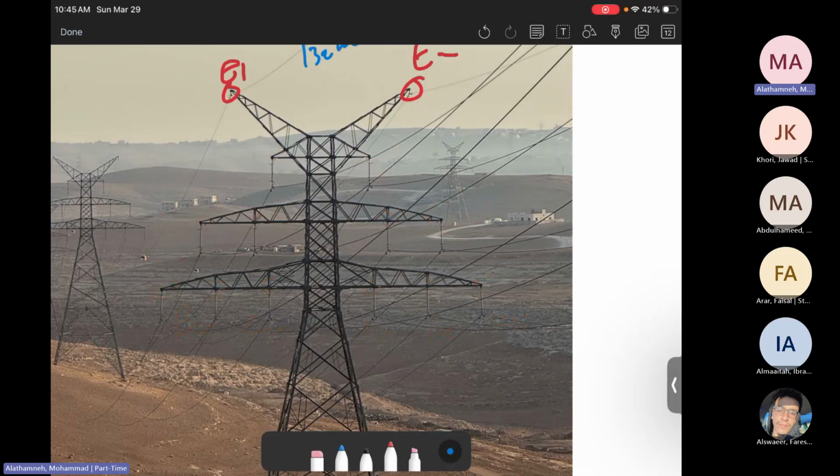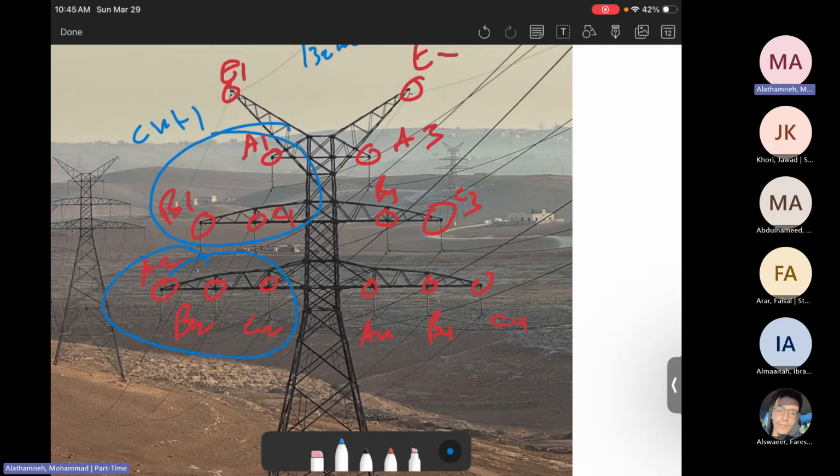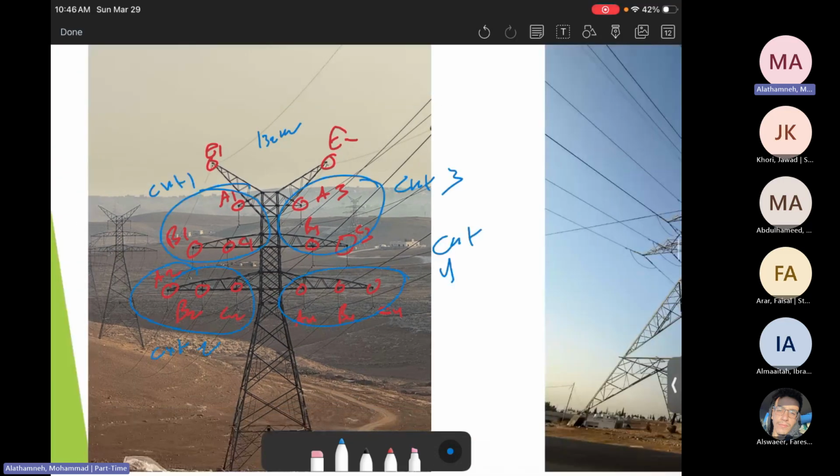So we can say this part is associated with circuit 1, this part with circuit 2, this part with circuit 3, then this part with circuit 4. So as a result, this is called the quadruple, and we will denote this by the letter Q.